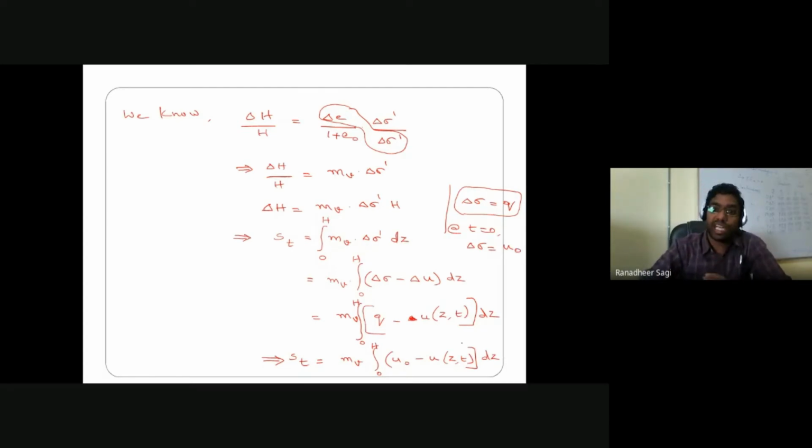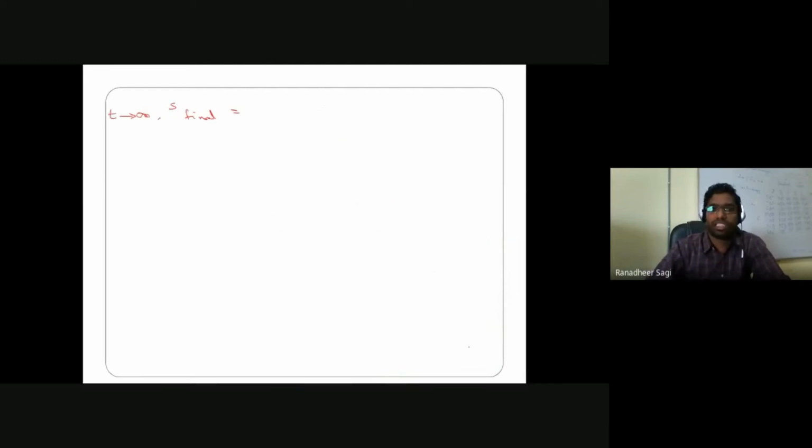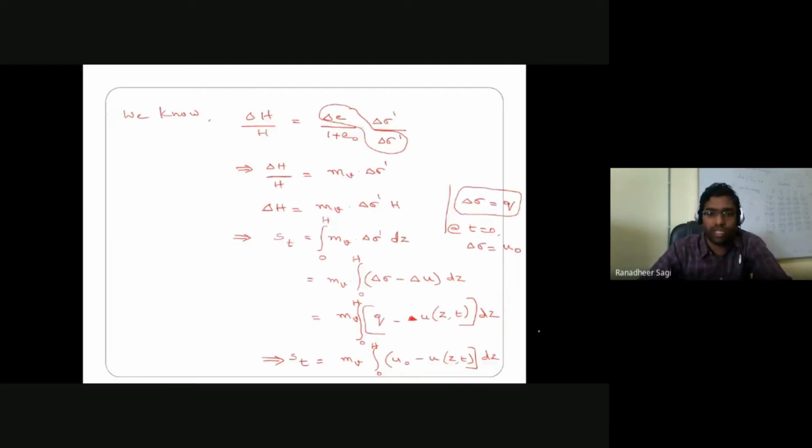It means that your second term vanishes, and what you'll have is only your first term, which is the integral going from 0 to h of U naught into dz. Why is this? Because U as a function of depth and time is equal to 0 at t equal to infinity.